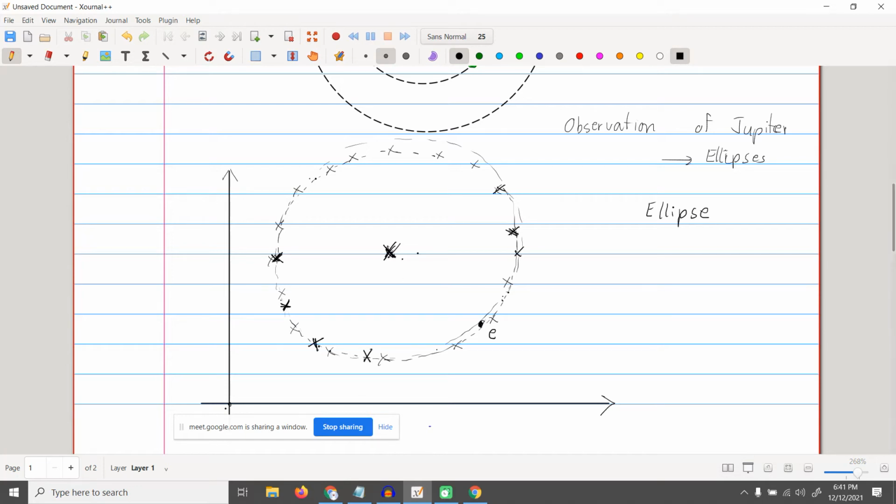But when the planet is away from the sun, after each month, these positions are much closer to each other, which means when the planet is far from the sun, the planet is moving slow. And when the planet is closer to the sun, the planet is moving faster.